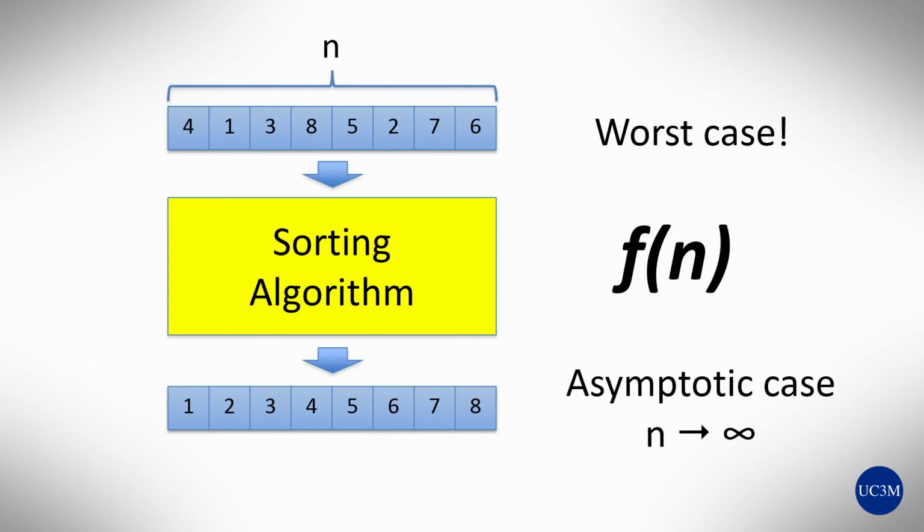Further, we will consider the asymptotic case. With this we mean that we observe the behavior of the algorithm when the value n tends to infinity. In the sorting example, n is the size of the array to sort, so we want to see the behavior when n is very large.